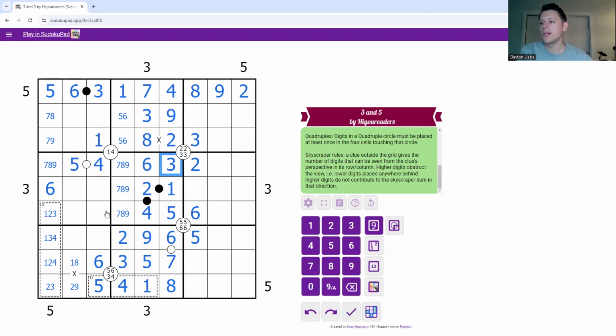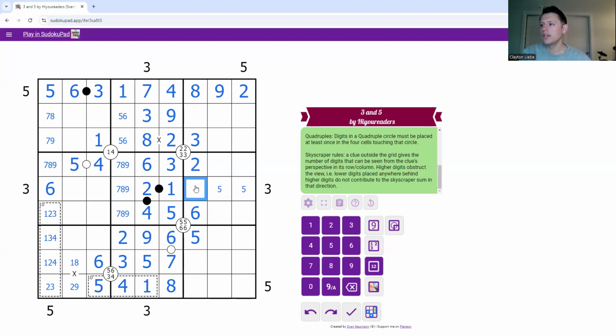Oh, that's great. So what does that tell us now? 5 and 4 are now moot. Or actually, sorry, we don't have a sandwich clue there. Or a skyscraper clue. I thought we had a skyscraper clue. Disregard. We have a 5 somewhere over here.